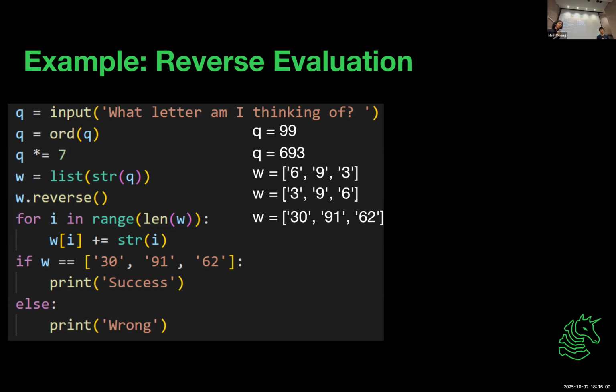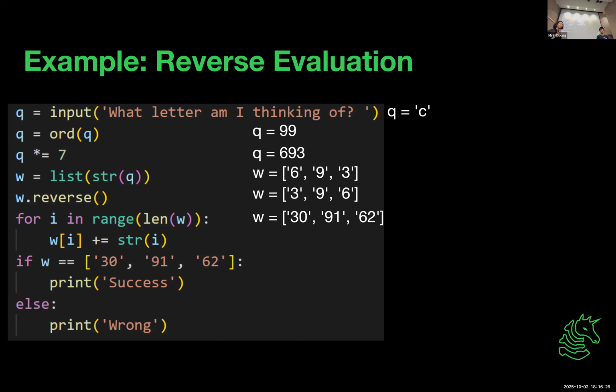Yes, 99 up there. So then what's next? As a hint, word takes the ASCII value. So what character has ASCII value 99?